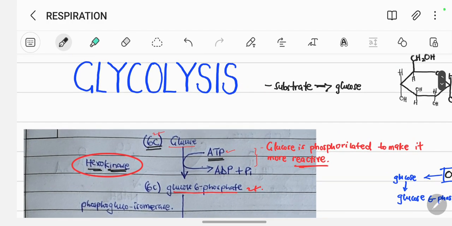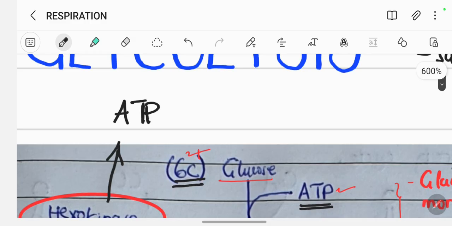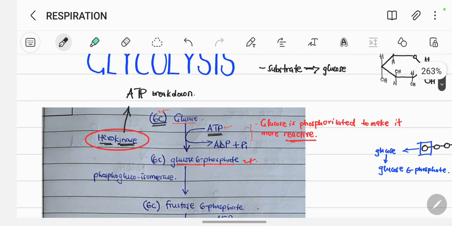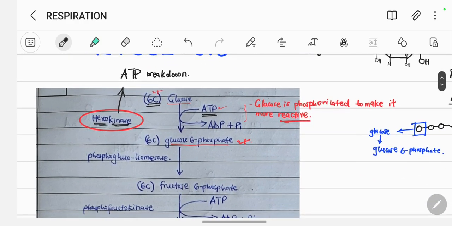So kinase, we shall refer that to ATP breakdown. So that is our kinase there.